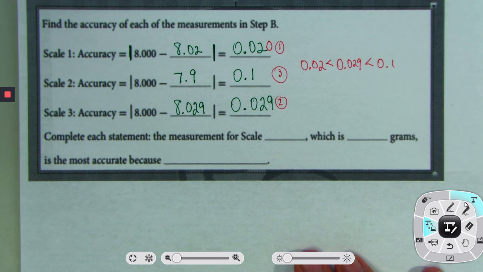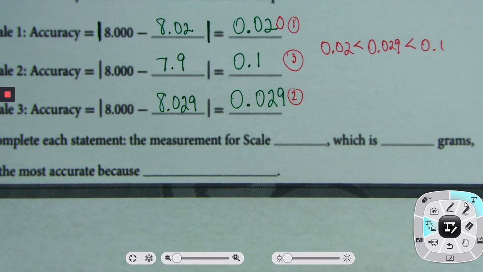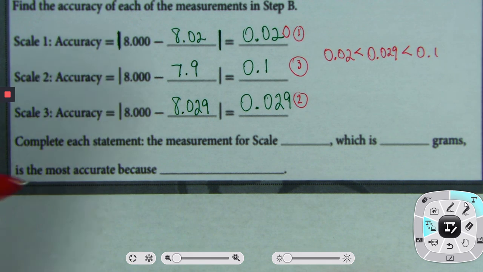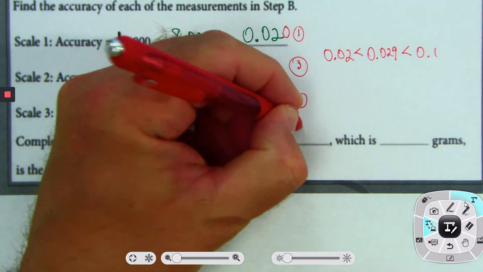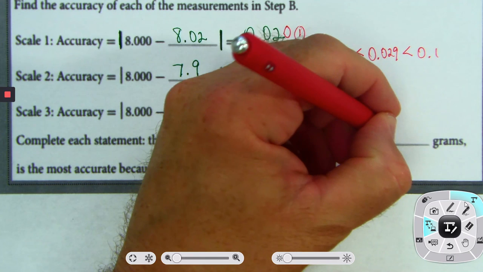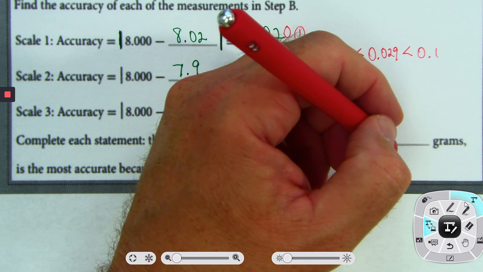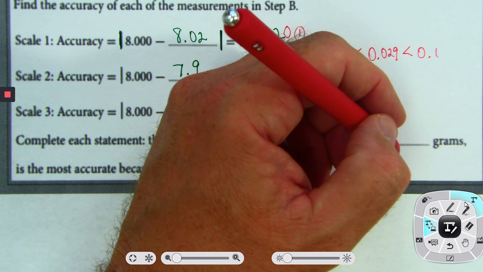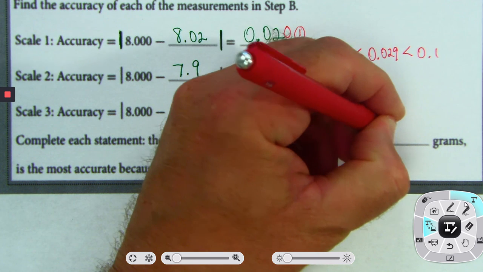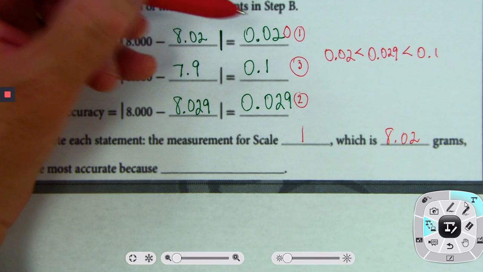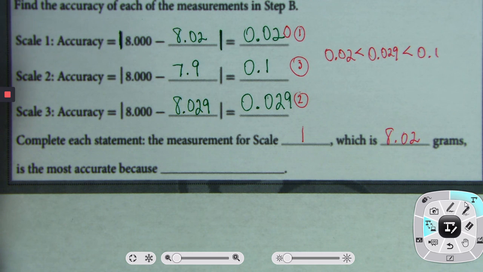Here's what I can conclude from that. Based on that, the measurement for scale 1, because it has the smallest accuracy value, it's the closest to the target, which is 8 grams. It measures in at 8.02 grams, and it's 0.02 grams from the actual amount.